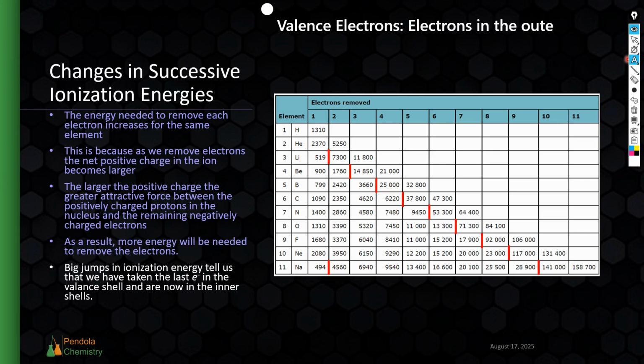The valence electrons are the electrons in the outermost energy level, and they're related to the group number for the representative elements.